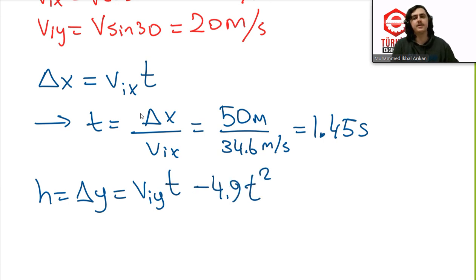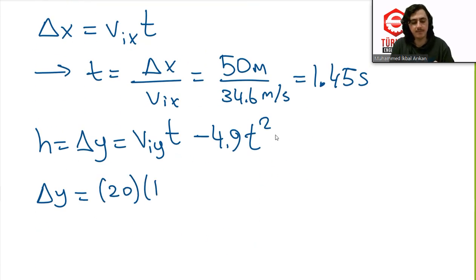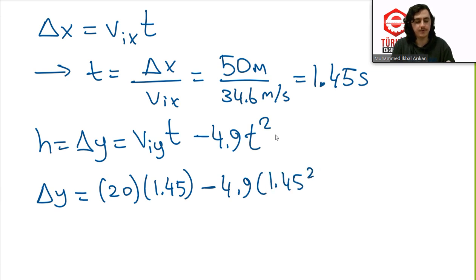Actually, minus 4.9 is coming from half of the acceleration in y, which is minus 9.8. So I will put delta y here, which is v initial in y, and it is 20 meters per second. Just put 20, and time is calculated, so it's just this value. Then put minus 4.9 multiplied by 1.45 squared.